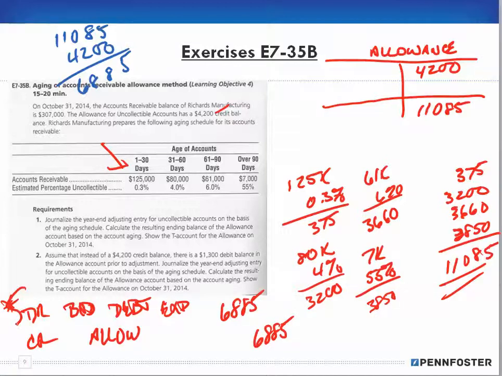So that's my adjusting journal entry I need. And when I end up posting it to the account, I'm going to end up posting the credit. This is a credit to my allowance account for $6,885. And of course, when I do the math, that gives me the ending balance of $11,085.